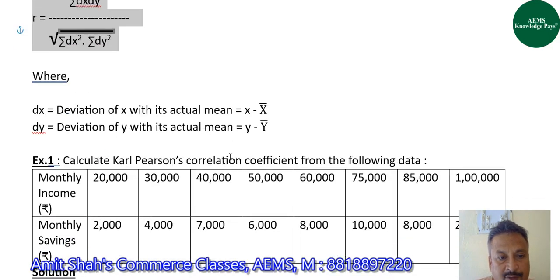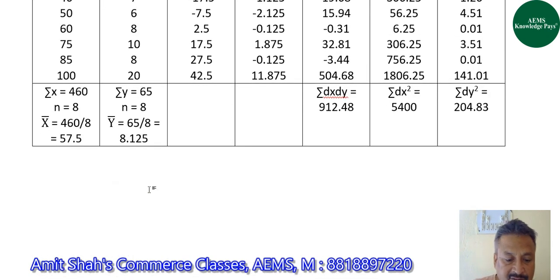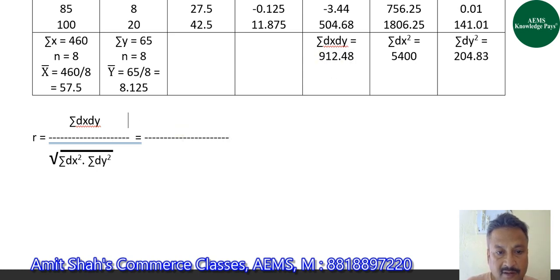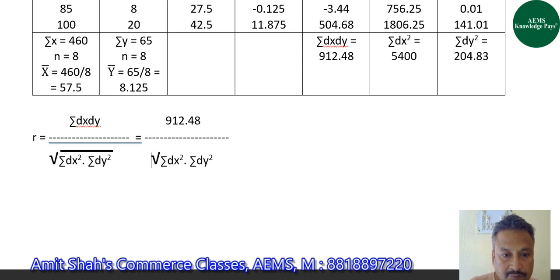Now we will use the values in our formula of the correlation coefficient. The summation dx dy is 912.48. Summation dx square is 5400 multiplied with summation dy square, that is 204.83, and the square root of this.